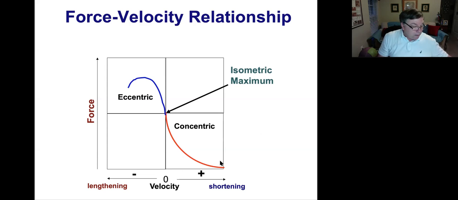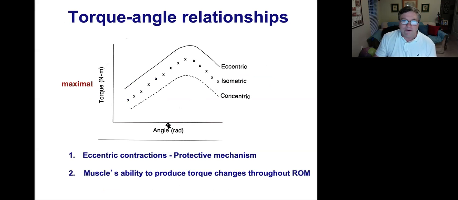So we only get rapid movement against fairly small forces or small resistances. So we have, again, that trade-off with concentric contractions. So you probably notice in biomechanics, a lot of times we have a trade-off. Sometimes we can have our cake and eat it too, but again, many times we'll have a trade-off.